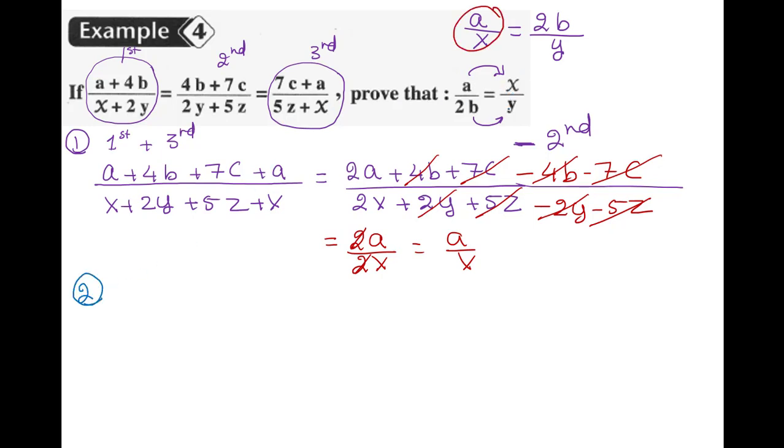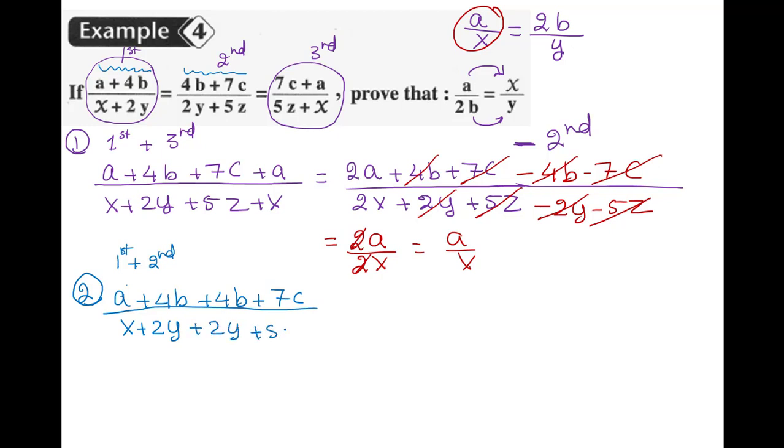I'm going to look at the second part, which is 2b over y. How can I obtain 2b from here? I have b here in my first one, and I have b in my second one. So let's begin by adding them first. 1 plus 2. Here I have a plus 4b plus 4b plus 7c over x plus 2y plus 2y plus 5z.